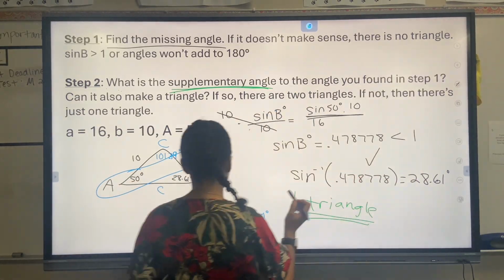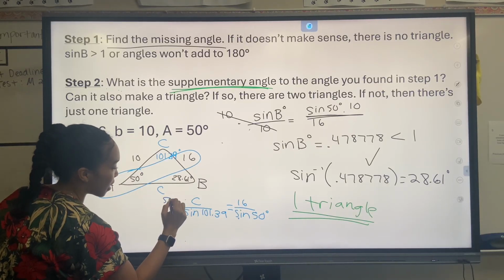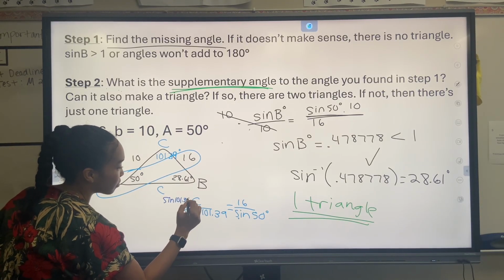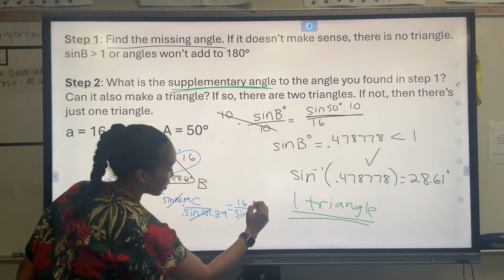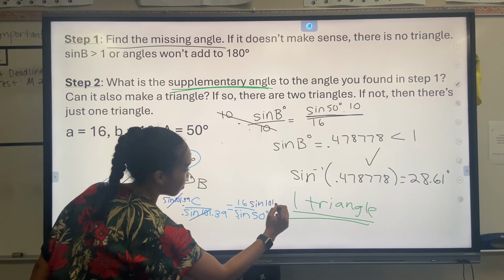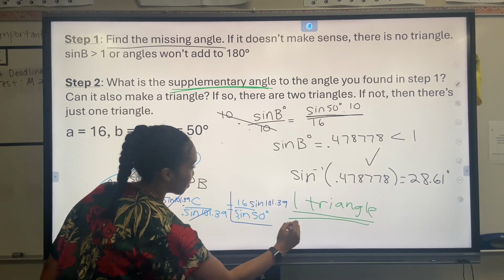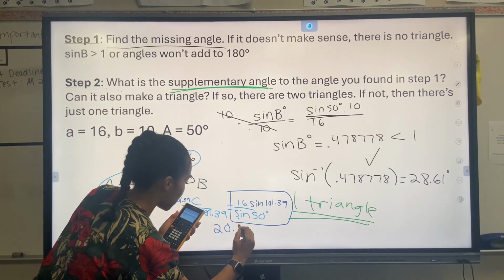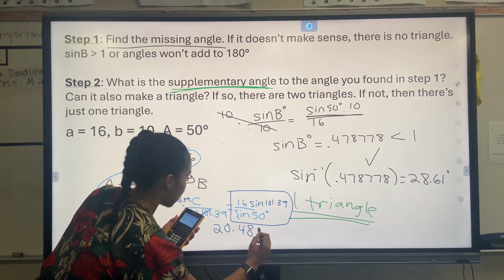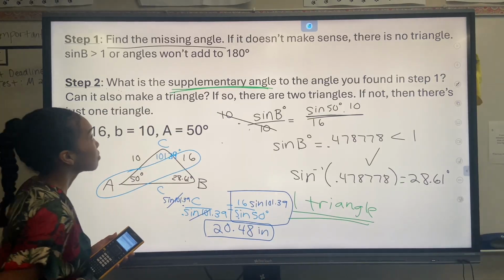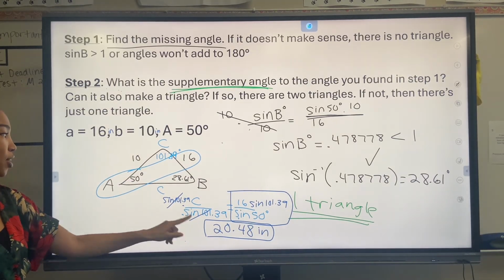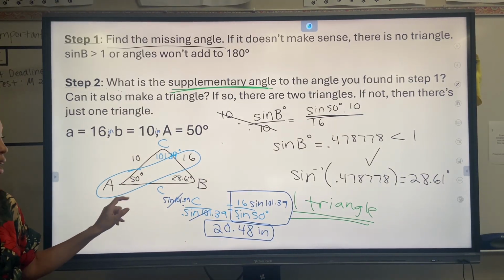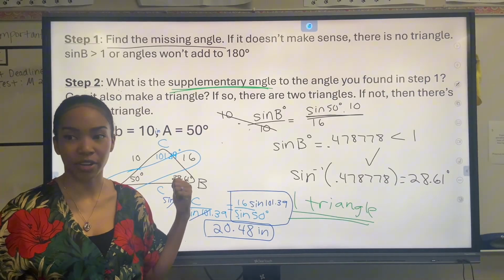Now, you just multiply both sides by sine 101.39. Those cancel. So this is what we're typing into the calculator. And side C is 20.48 inches. So we know all the sides of the triangle and all the angles of the triangle. And there's only one triangle in this scenario, okay?